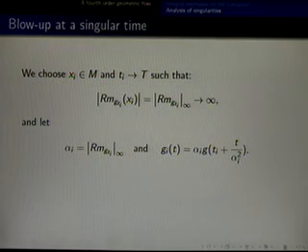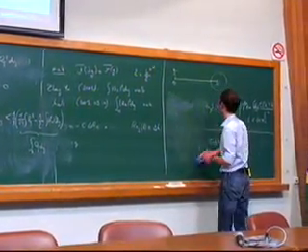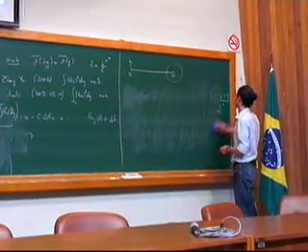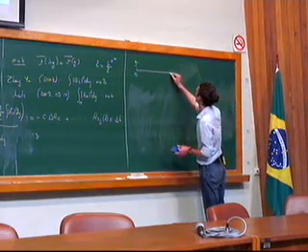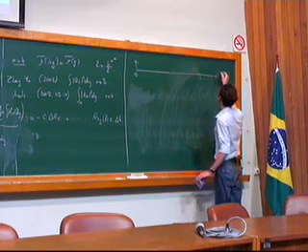So once we know this, we will make a blow up. So the idea is the same as for the Ricci flow. So you have existence on a time interval.